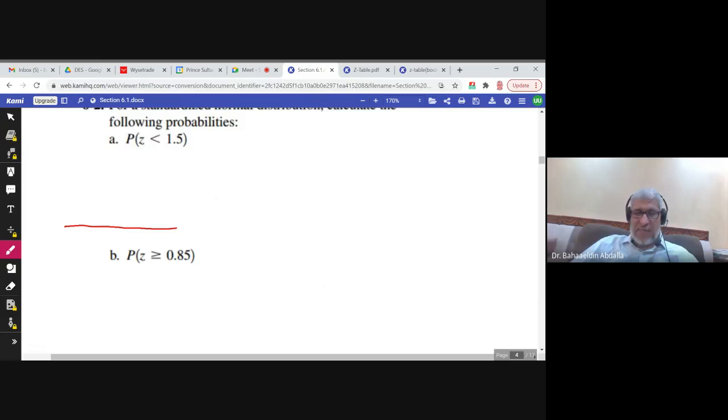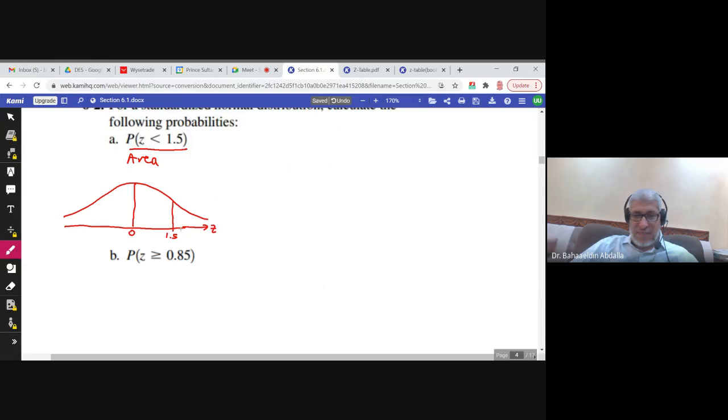To understand this probability, it's good if you sketch the graph of Z. This is 0. Where is 1.5? Let us say it's a number here. This is 1.5. I know from here to here, this is 3. He needs which area now? Let us understand. What does this mean? How can I graph this area? Well, this is 1.5. Z is less than 1.5.